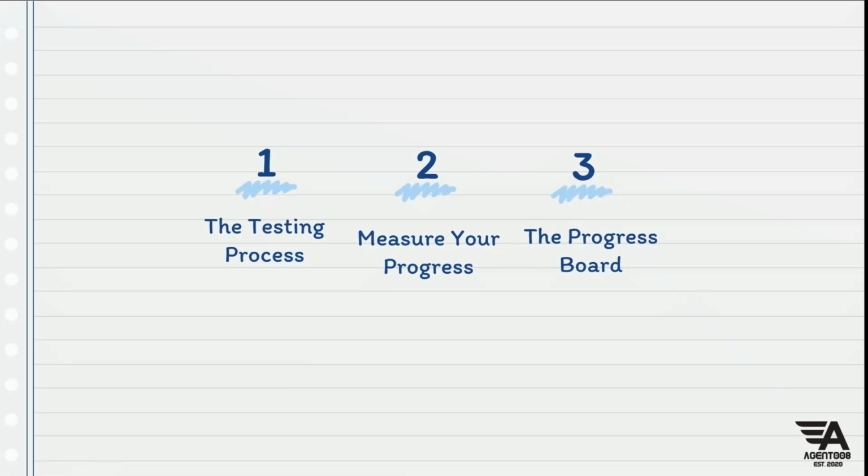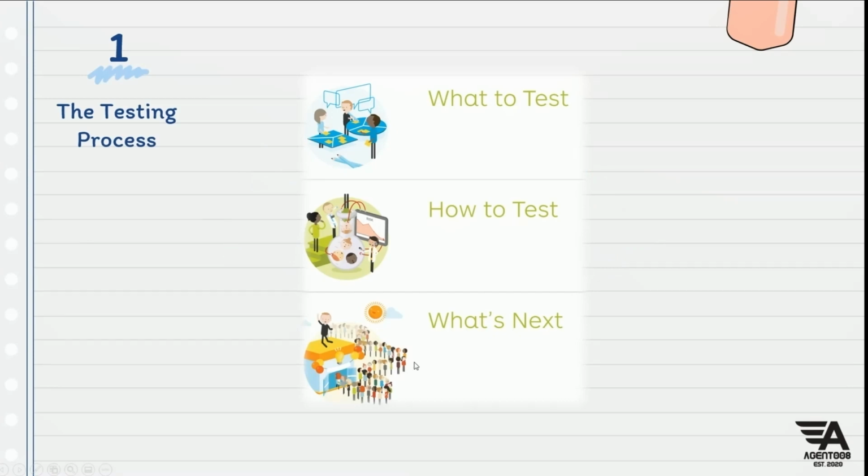We already discussed it within the graph, but there is something you need to ask yourself. I will explain it in a few seconds. Second one, you need to measure your progress. And third one, the progress board that we have. So let me start with the first one, which is the testing process.